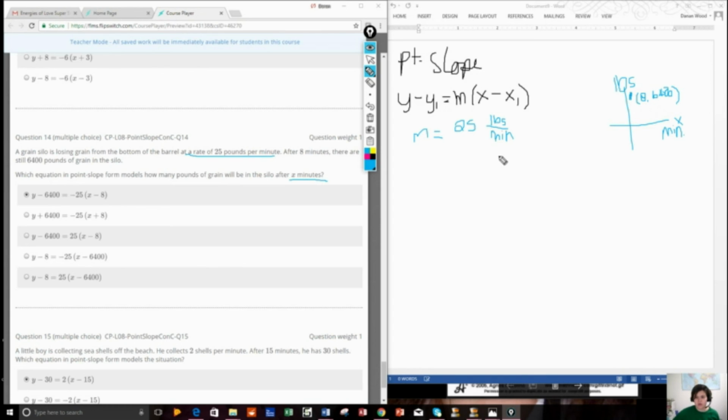So we have y minus 6,400 is equal to our slope, 25, times x minus x1, which is 8.